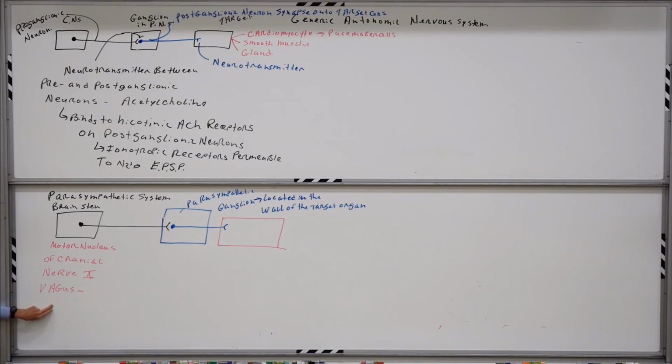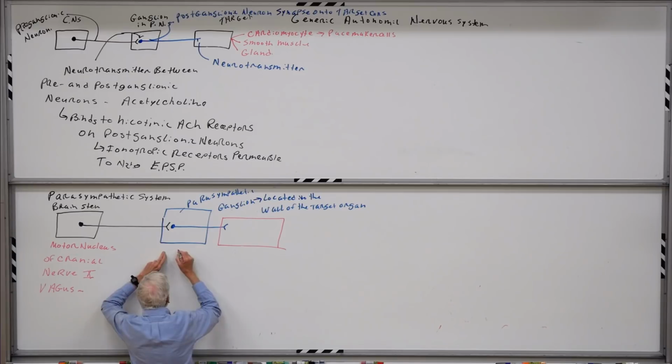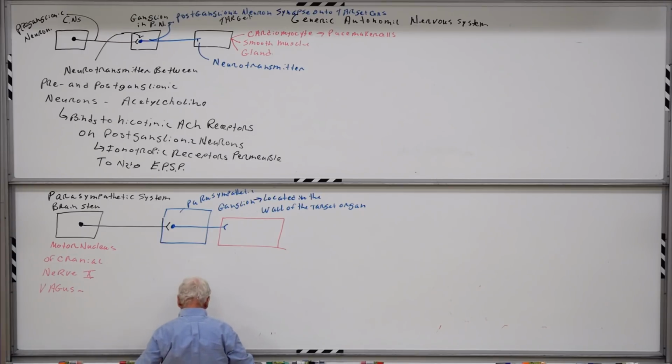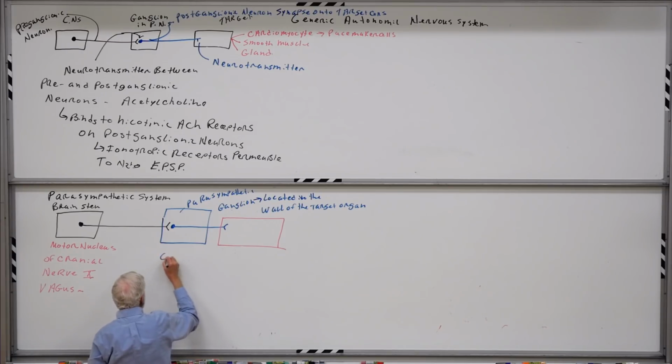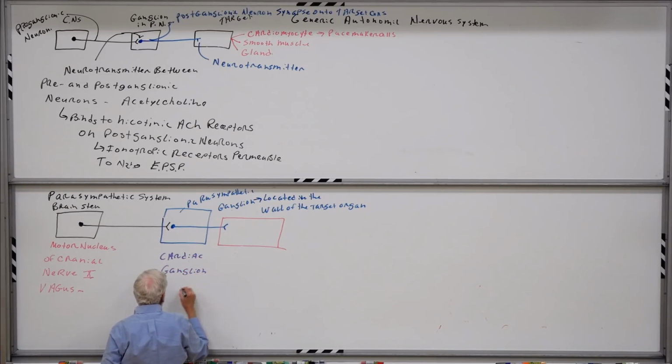It means the wanderer. And it's a great name for it because these neurons are going to wander all over the thoracic and abdominal cavity and innervate organs throughout the abdominal and thoracic cavities. The one we're going to talk about here is the cardiac ganglion of the heart.